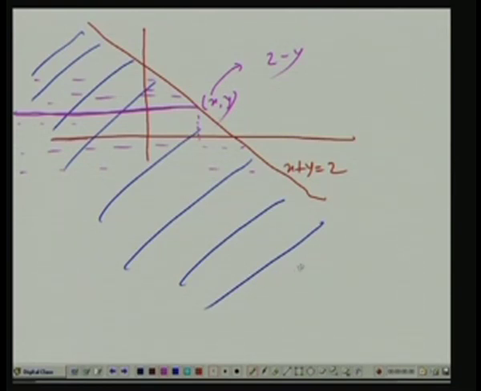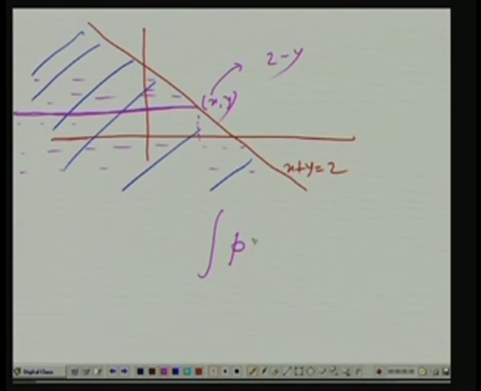What I will be doing is, first there is an integral. P is the joint probability of x, y. But here y is fixed to a particular value, and x is moved from minus infinity to this x, and x means actually z minus y.